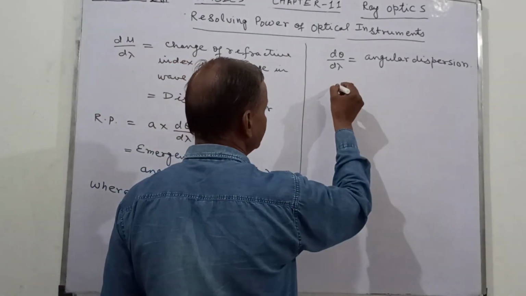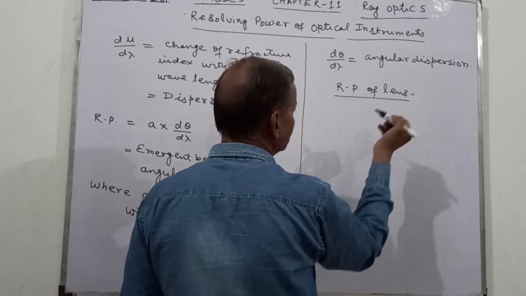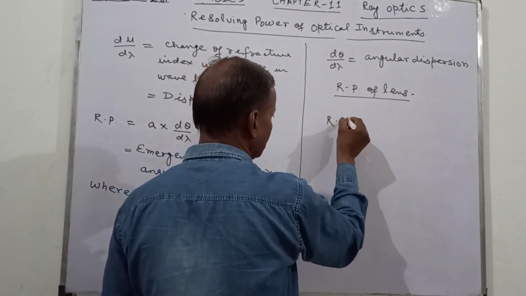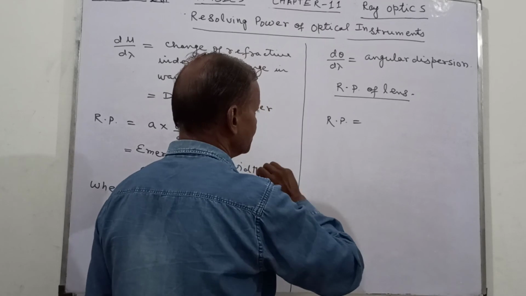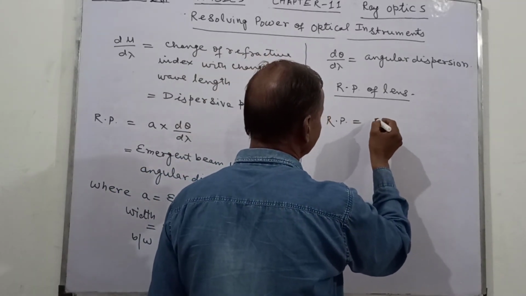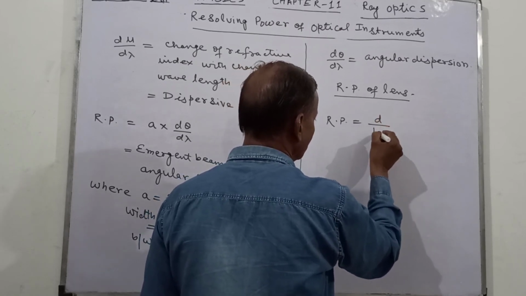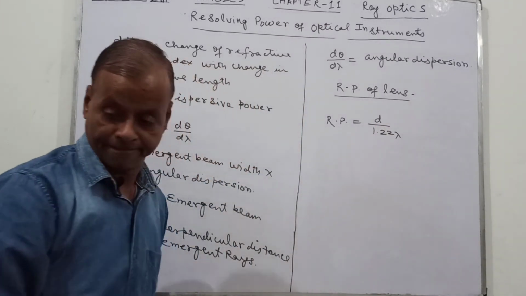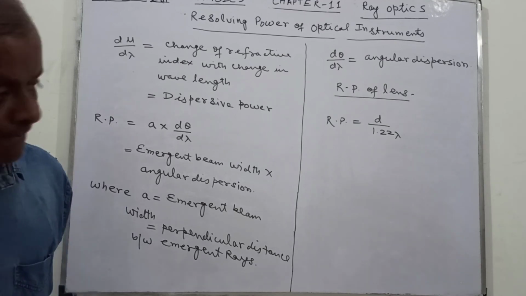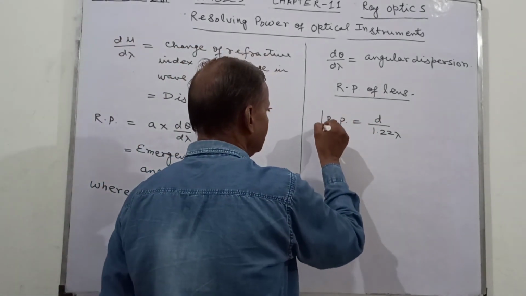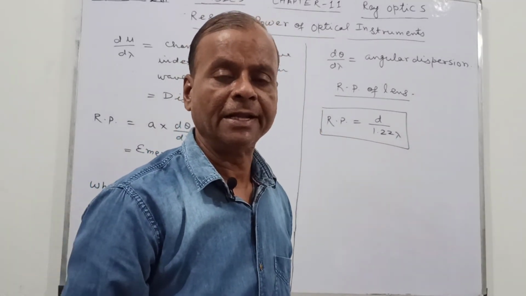So RP of lens is equal to D upon 1.22 lambda. D is the diameter that I have told you so many times, lambda is the wavelength. So this is the RP of the lens.